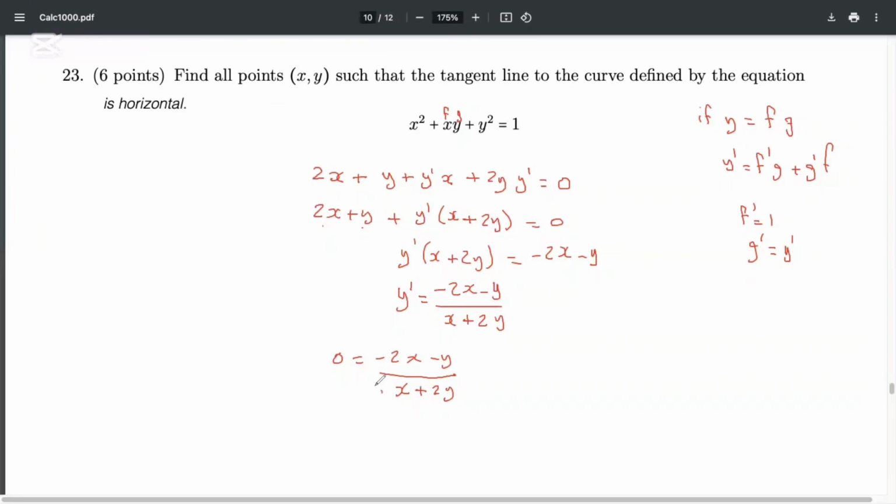Now I'm just going to cross multiply, and that's going to give me 0 equals negative 2x minus y. I'm going to move the negative y to the other side, so I have y equals negative 2x. And now what I'm going to do is take the negative 2x and sub it into the y's right here.